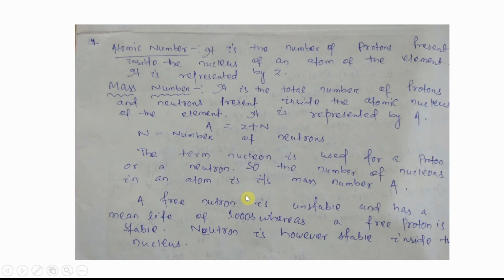And we have to know one thing, that a free neutron is unstable and has a mean life of 1000 seconds. A free proton is stable, because the neutron is unstable, its life period is just 1000 seconds, and the neutron is however stable inside the nucleus. When the neutrons are inside the nucleus, they are stable.